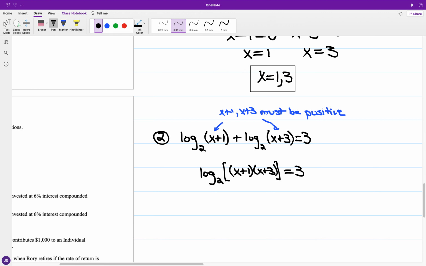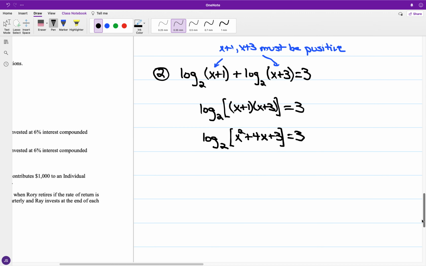And I can go ahead and FOIL out the binomials. So I have the base 2 logarithm of x squared plus 4x plus 3, which you can have equal to 3.